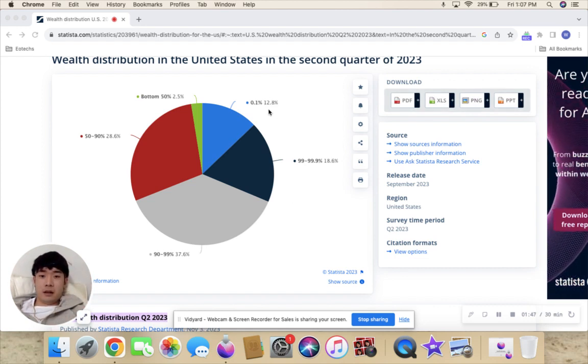A little bit less than half of the 1%'s money is concentrated in the 0.1%, which is unequal, right? That's like the average 0.1%er is 5 times richer than the average 1%er, right?